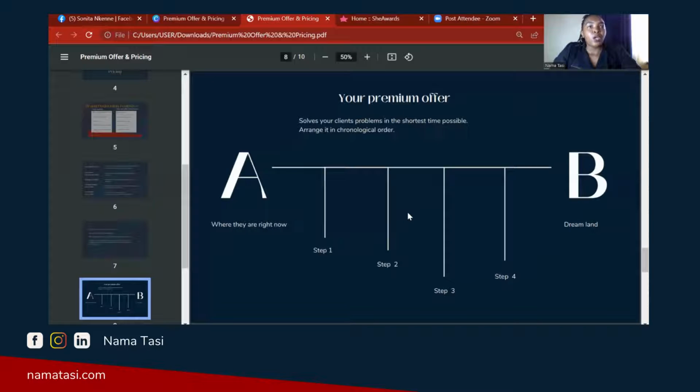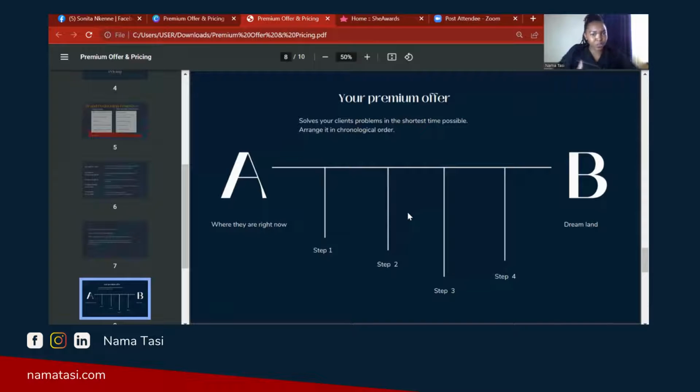Now, you place your steps in a chronological way. Like I said, you want to make it the most ideal way for them to get results, to remove confusion, to remove stress. You want to make it so simple: step 1, step 2, it just flows naturally and builds into the next one. And that's why we're doing the premium offer right now, after you've figured out your brand positioning, who your ideal client is and what they want.